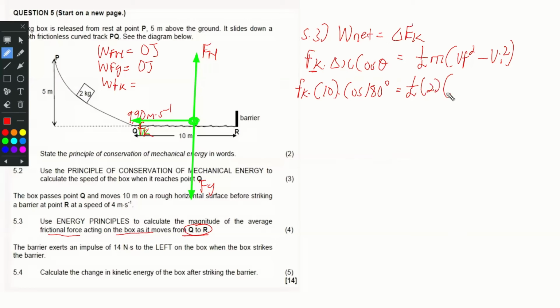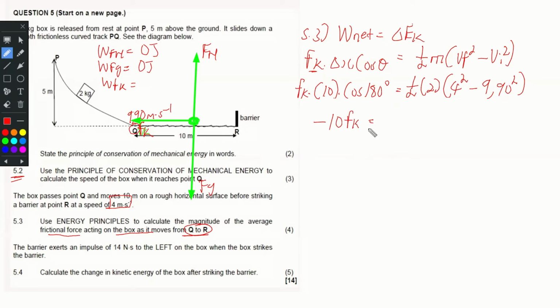And then final velocity: remember, they say it strikes the barrier at point R at a speed of 4 meters per second. So 4 squared minus the initial, which would be the velocity at point Q that we calculated previously in 5.2, so 9.90 squared. And then now, press the calculator, that's negative 10 Fk.